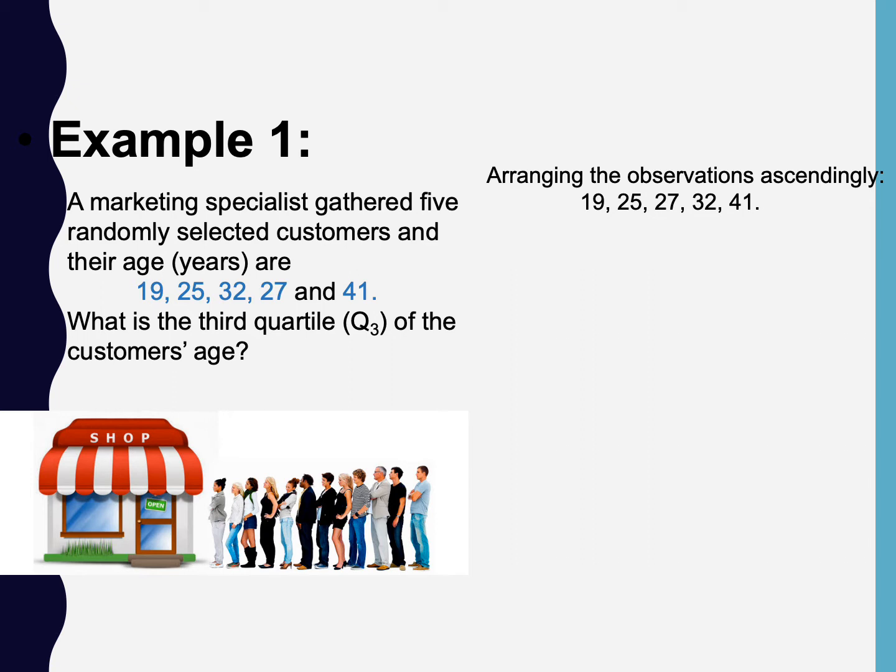The next step, since you're looking for the third quartile or Q3, you use the formula to solve Q3, which is the position of the third quartile, x sub 3 over 4 times n plus 1, where n is the total number of observations. Solving for the position, that will give you x sub 4.5.